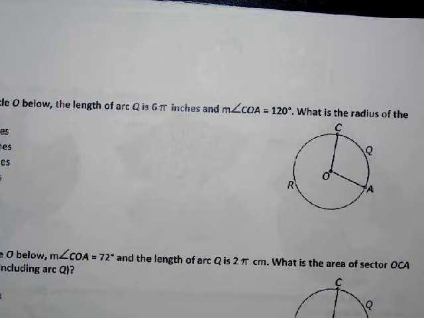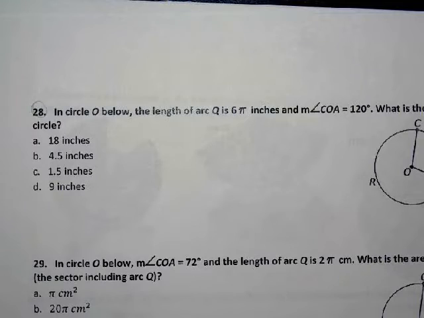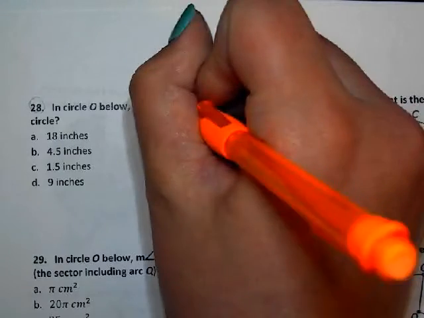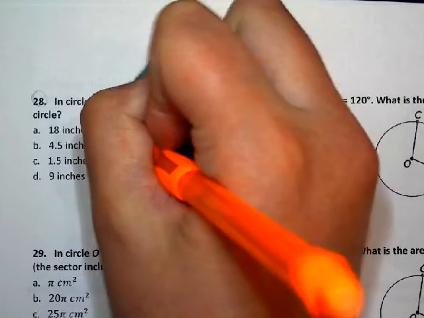Length or area? What did the problem say? Length. They use the word length, so we're going to use the length formula. So we're going to say arc length equals the measure of the arc divided by 360 degrees times 2 pi r.